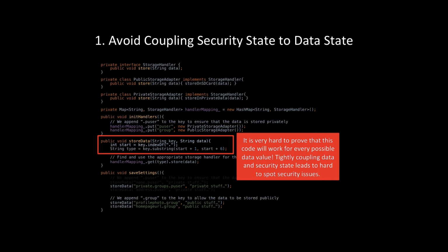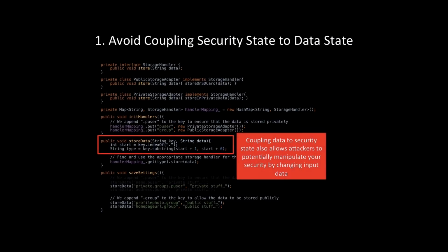The other problem with coupling the data and the security state is if the key was something, for example, that was provided or potentially interacted with data from the user interface or from an intent or some other application, then we could end up in a situation where an outside attacker can inject or easily manipulate the security state of our application.